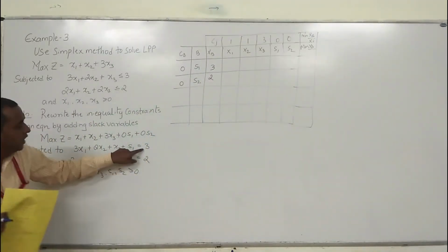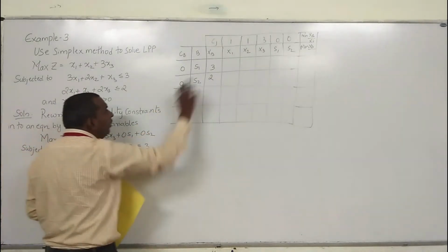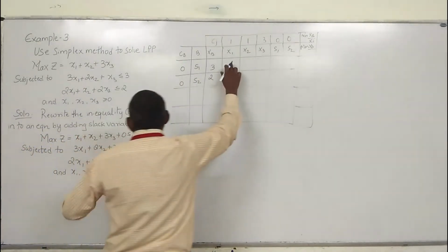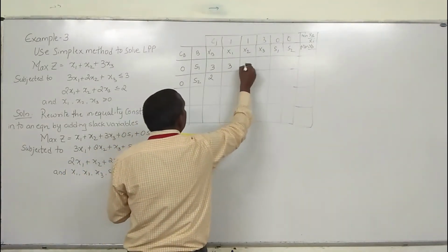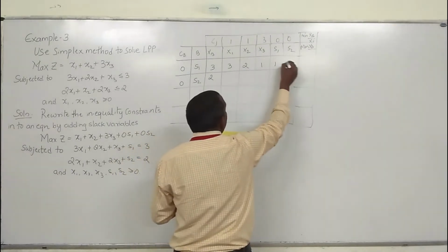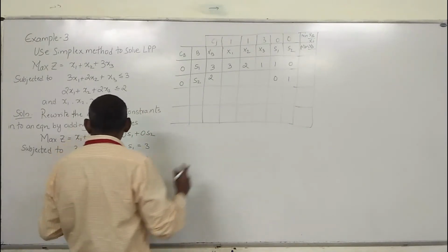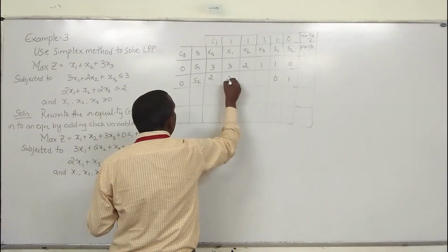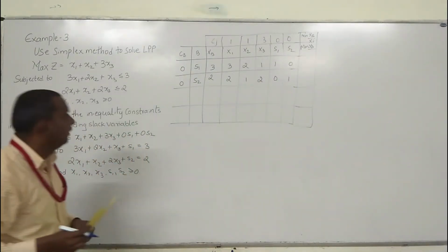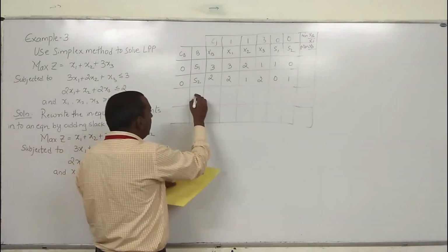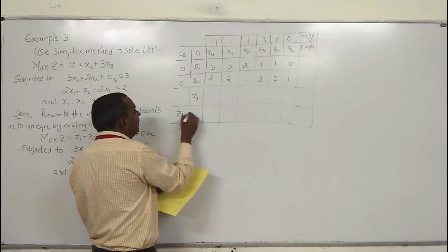This 3 belongs to S1, this 2 belongs to S2. What is X1 here? X1 is nothing but 3, 2. Then 1, 1, 0, and 0, 1. This is the identity matrix here. So next comes 2, 1, 2. Fine. So here comes Zj, and this is Zj minus Cj.